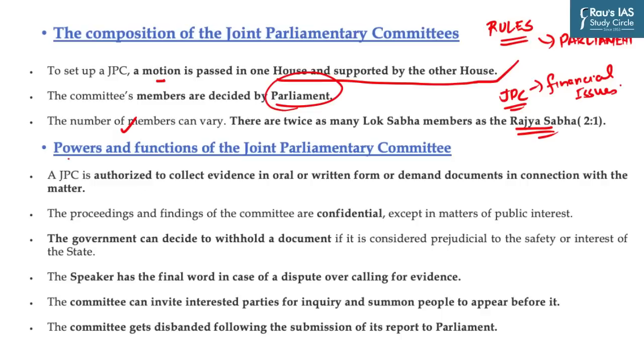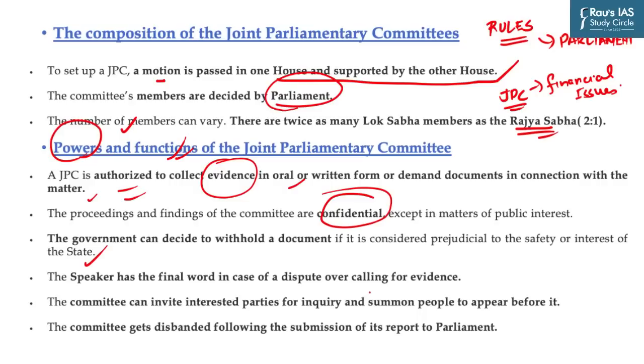Another question that can come to mind is the powers and the functions that have been given to the Joint Parliamentary Committee. JPC is authorized to collect evidence in oral as well as written form or demand documents in connection with the matter it is investigating. The proceedings of the committee are confidential in nature, and the government can decide to withhold a document if it is considered prejudicial to the interest of the state.